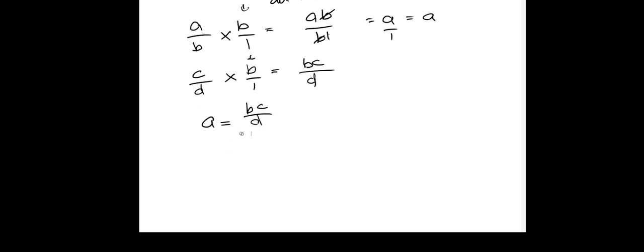Okay, now what I'm going to do, I'm going to take this little equation that we've just developed, and I'm going to multiply both sides by D over 1, which is D.